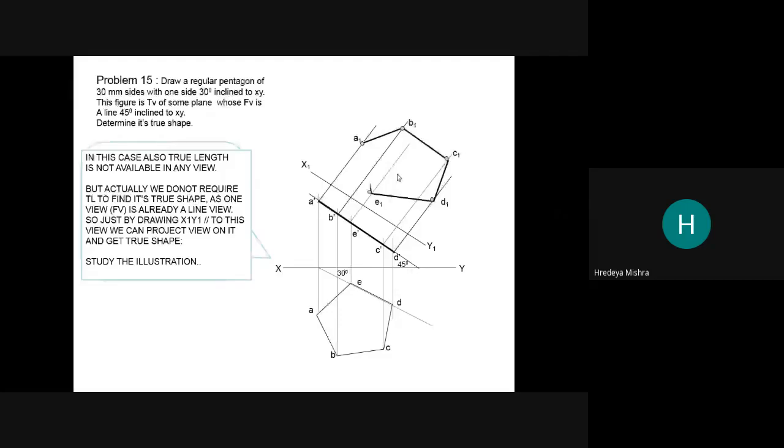So just mark the points and mark the pentagon. Okay. So this is your true shape.